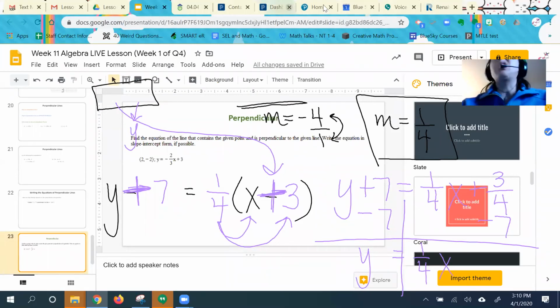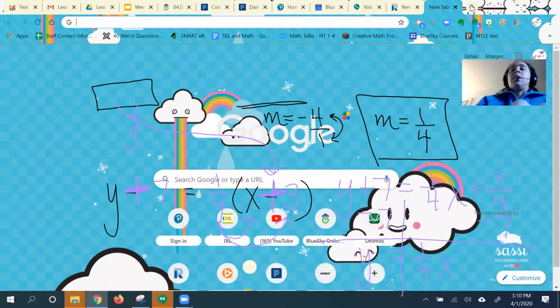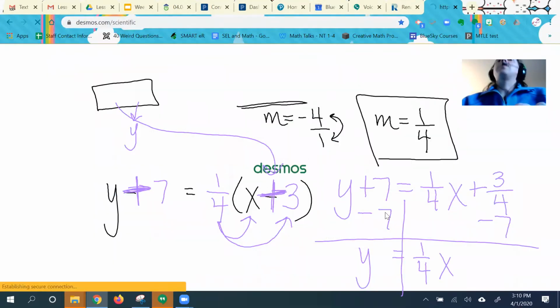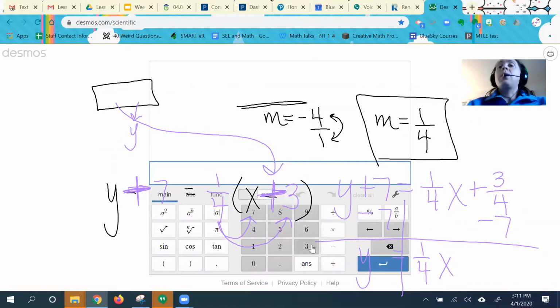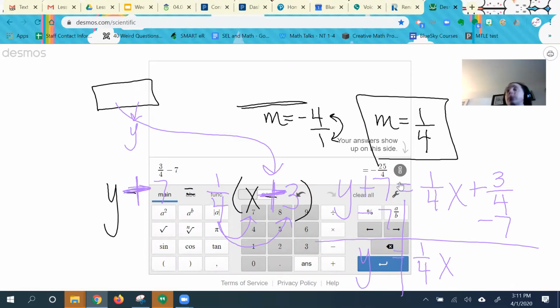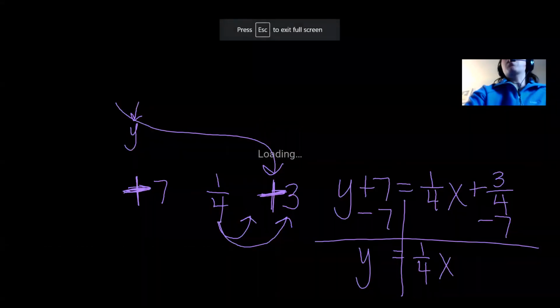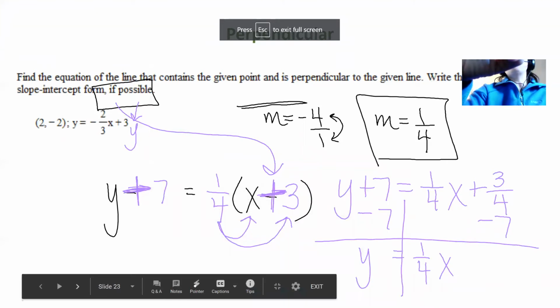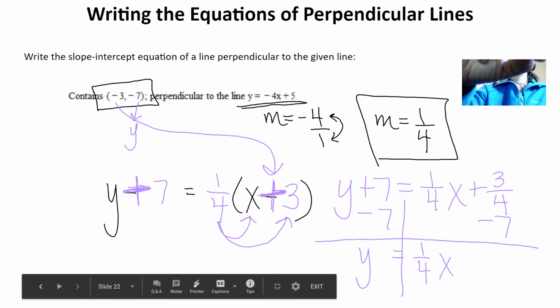Here's where I might be like, just use Desmos to help with this part. So I would go to Desmos, and then you can go 3/4 minus 7. Oh, and you get a fraction, but that's okay. We're just going to convert it. Or you get a decimal, excuse me. But we would just click the number to convert it. So you get -25/4. Now, if we were going to graph that one, there we go.